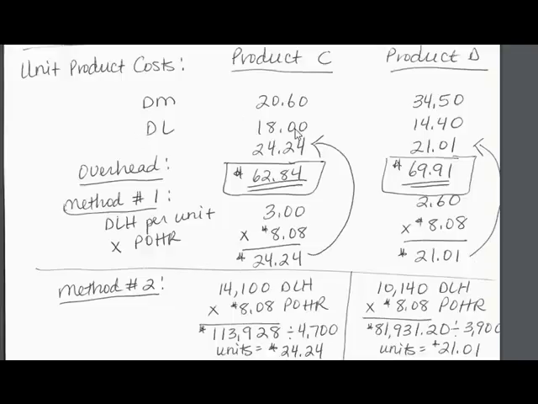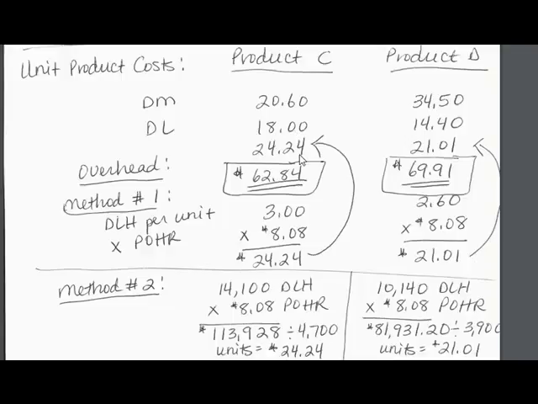So I have this information here, and these figures were just given to me in the problem. For the direct labor, I didn't have to multiply an hourly wage rate by the number of direct labor hours per unit. I was simply given the direct labor cost per unit. So I included those amounts here.